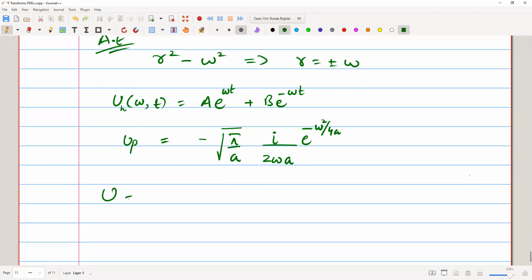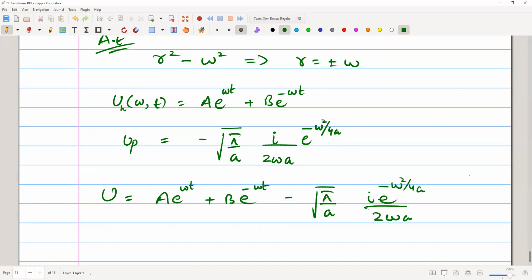So now U will be simply equal to the linear combination, or we say sum, of these two solutions, that is UP and UH. So we can write it as negative square root of pi over a iota e to the power negative omega squared over 4a divided by 2 omega a.